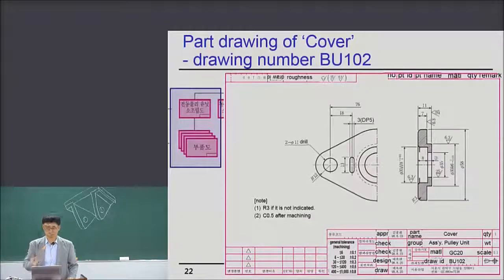If the surface is not designated specially, then that surface remains as its own material surface. So this symbol indicates the surface roughness is just for its own material surface, no machining. Okay, right? So surface roughness is important.